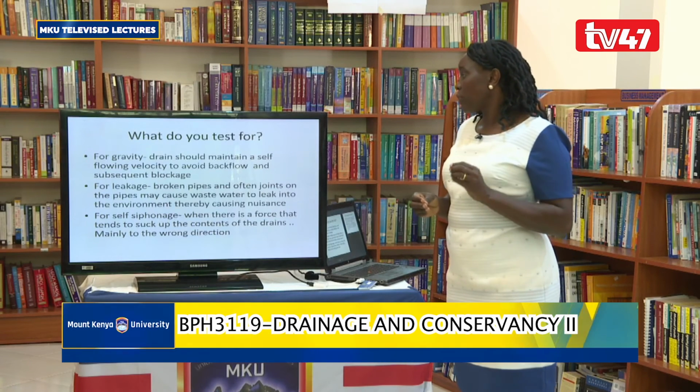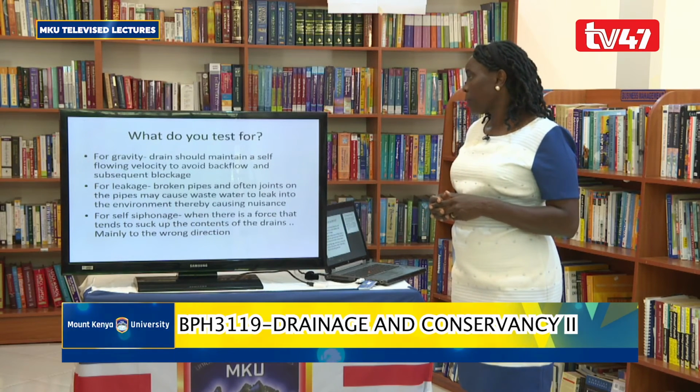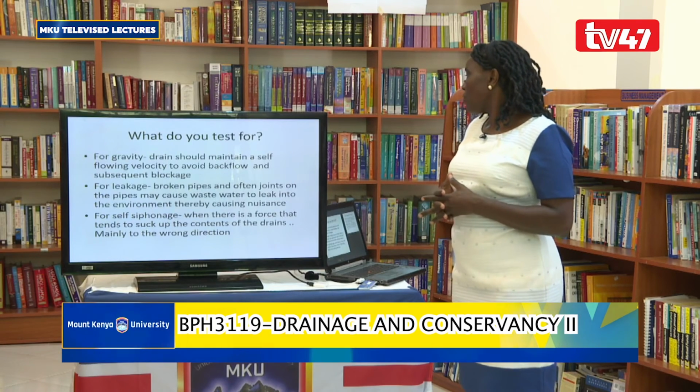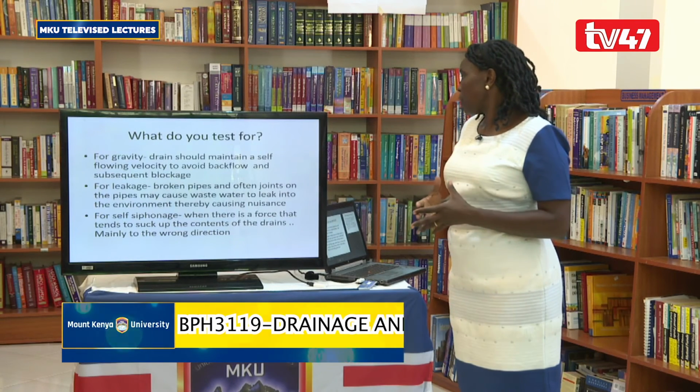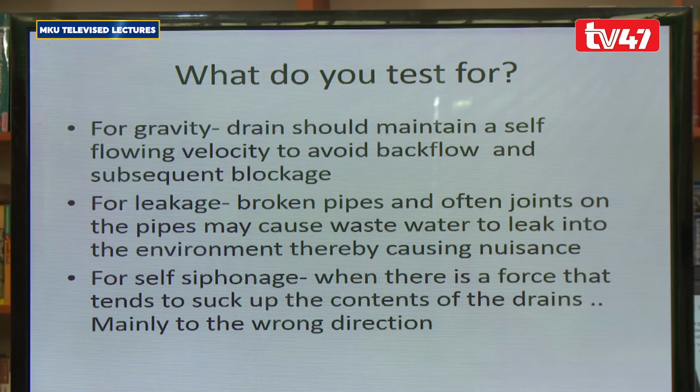You also check for leakage, as I have said. Broken pipes, and sometimes joints not properly done on the pipes, may cause wastewater to leak into the environment, thereby causing nuisance. So you need to test whether the drain is leaking by using the appropriate tests that we are going to look at.